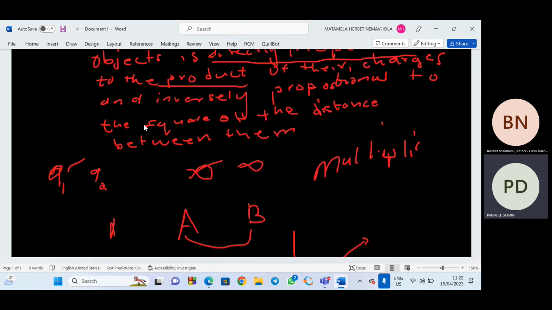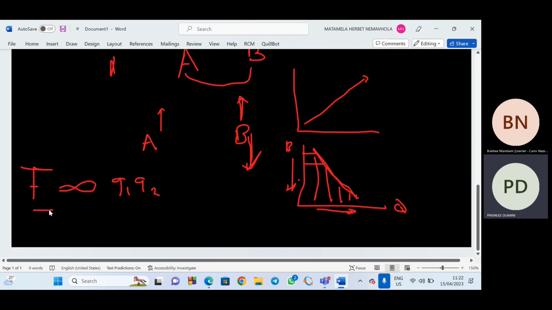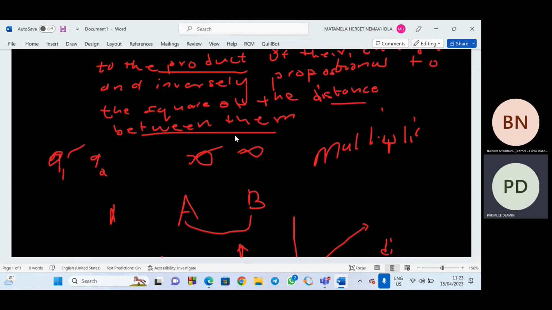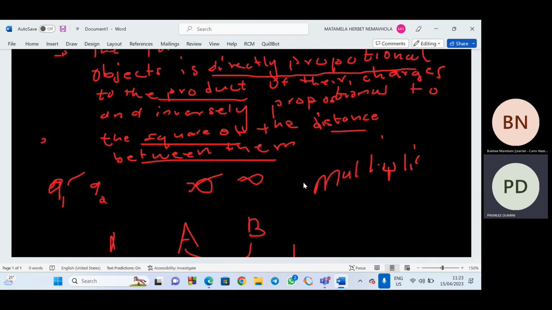Inversely proportional to the square of the distance between them. So inversely means that this force is inversely proportional to the distance. If the distance, we call it R, it means that force is inversely, you put 1 over R, proportional to the square of the distance between them.